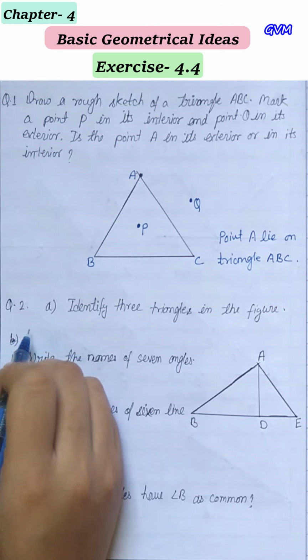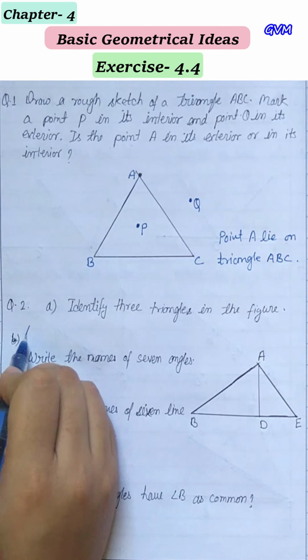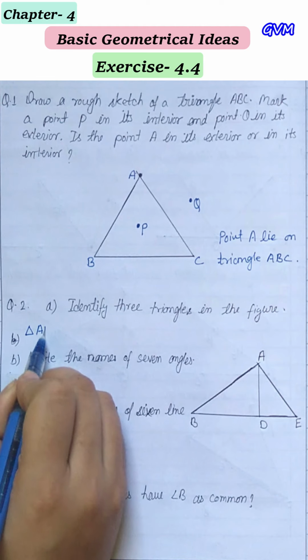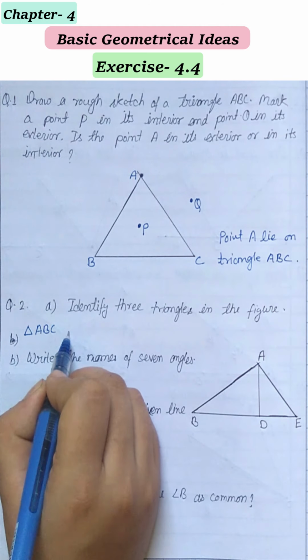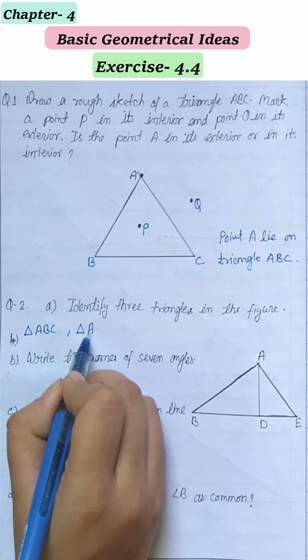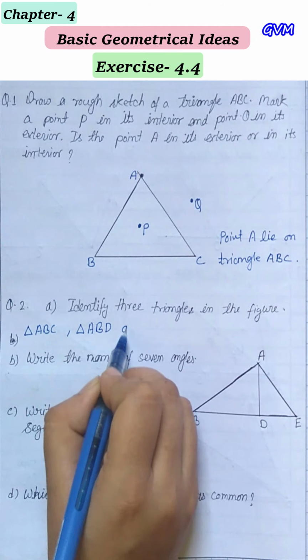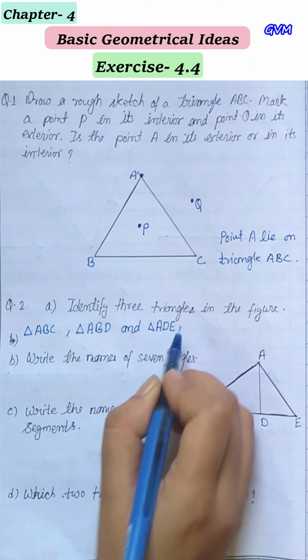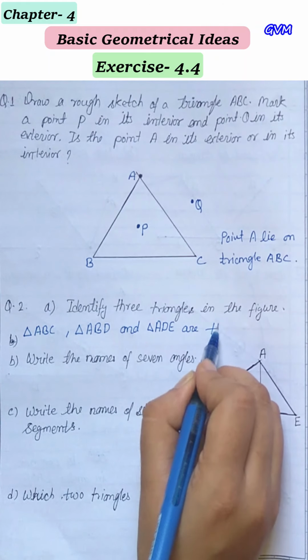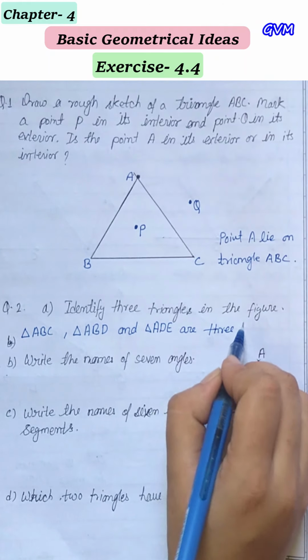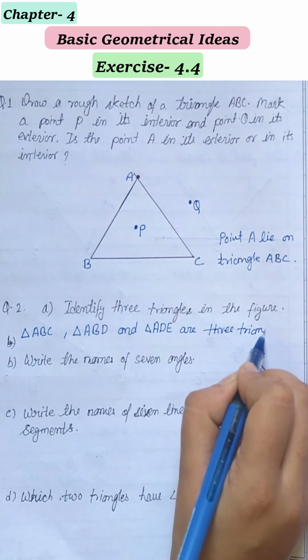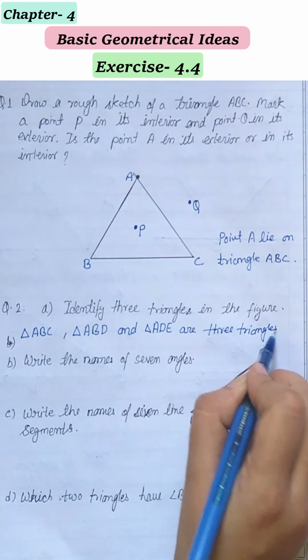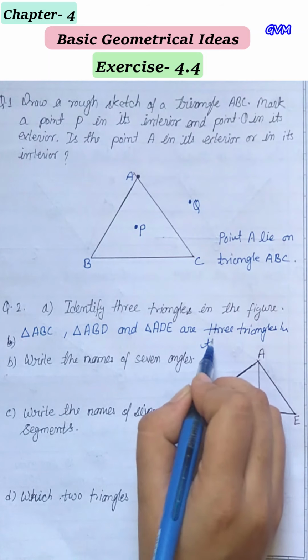Now we can write here that triangle ABC, triangle ABD and triangle ADE are the 3 triangles in the figure.